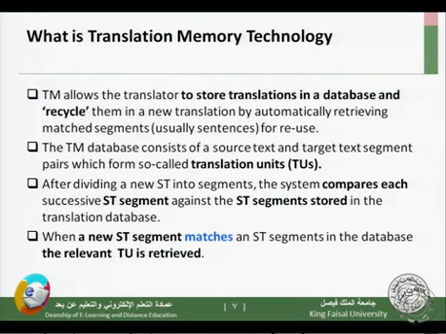Now, after dividing a new source text into segments, the system compares each successive ST segment against the ST segment stored in the translation database. Now you have source text and target text in the system, okay? And you want to translate a text here.